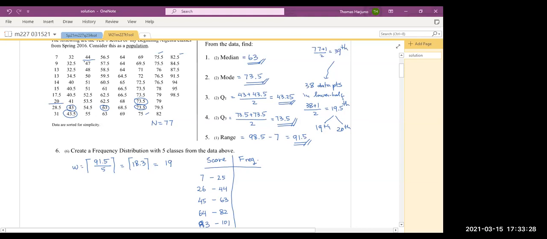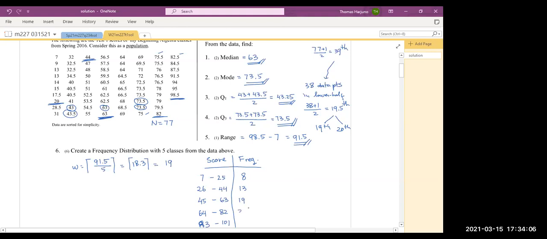I put this first to help me with counting later on. And then 64 to 82, and then 83 to 101. Now, the first one, there are 8. From 26 to 44, there are 13. 45 to 63, there are 19. 64 to 82, there are 30.